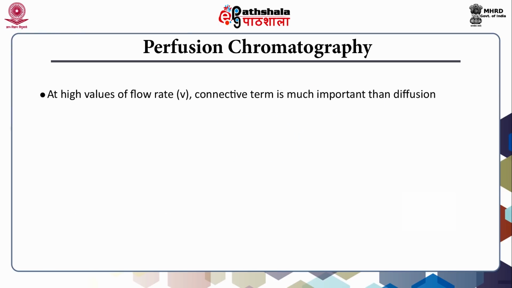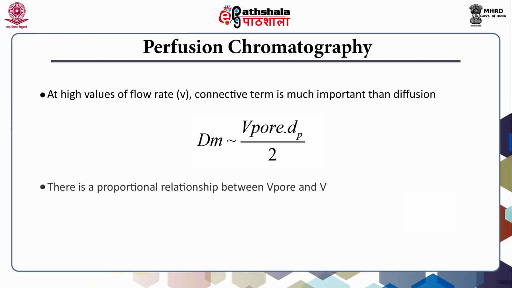At high values of the flow rate, the connective term is much more important than the diffusion term, so we can nullify the diffusion term. Then the diffusion coefficient of the mobile phase is approximately equal to the connective term, V pore multiplied by dP by 2. But there is a proportional relationship between V pore and the flow rate V, so V pore equals a particular constant multiplied by the flow rate of the mobile phase.